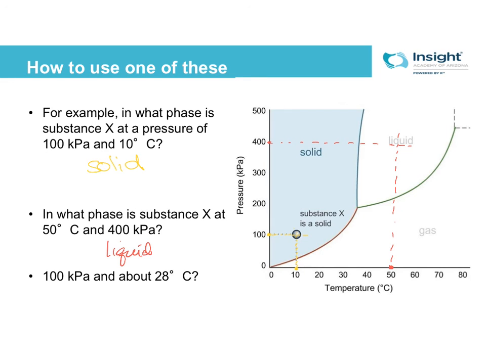Now here's one. Let's look at 100 kPa and 28 degrees. I'm going to continue my 100 over, and then 28, I'm going to say that's probably about here. Oh, that happens to land on my line. So this is where we're going to be on the sublimation curve.